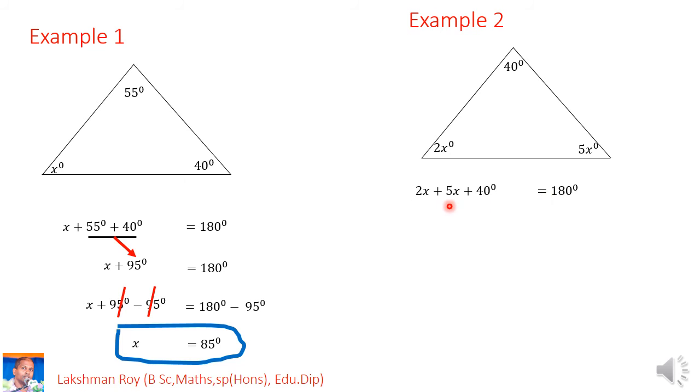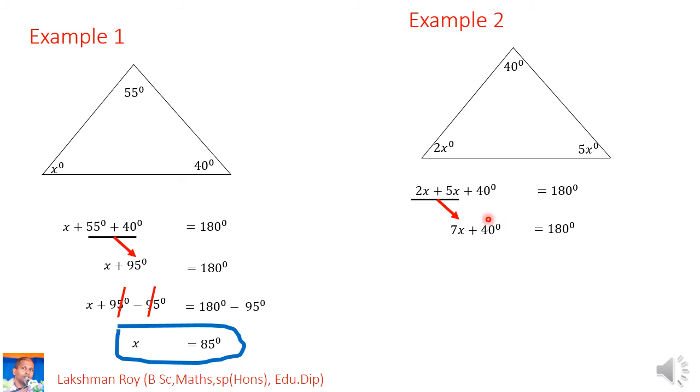Now you can see here 2x, here 5x, and 2x and 5x you can add like terms. Remember, then 40 you can't add, then you can write 2x and 5x. How many x? That is 7x, right? So if you get 7x, you have to write plus 40. That should be equal to 180. Now x multiplied by 7, so that added 40.